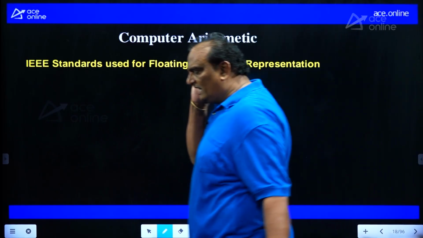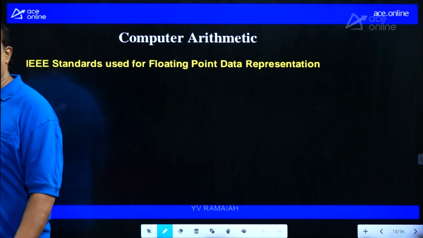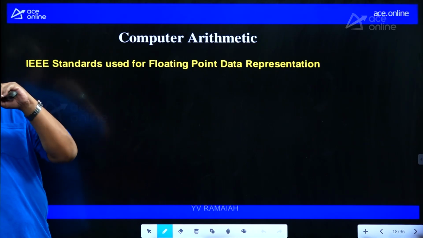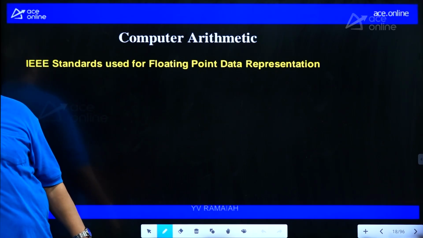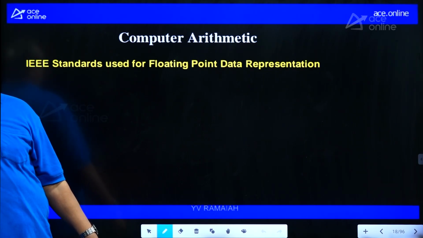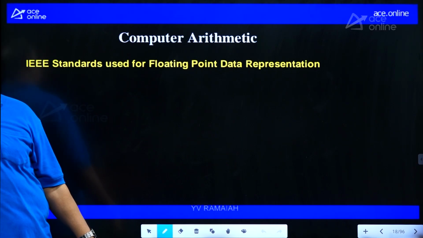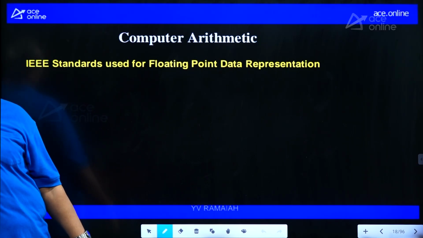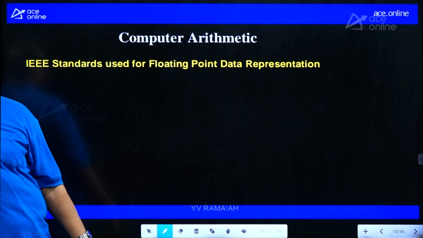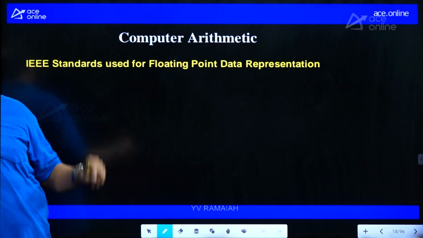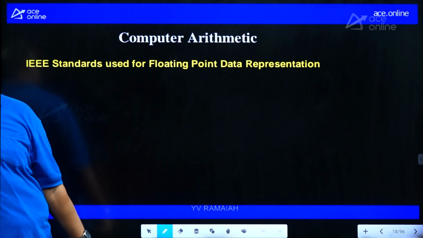Already we discussed, to represent floating point data we require the mantissa, sign of the mantissa, exponent, sign of the exponent, with the respective base, which here is base 2. Exponent sign can be positive or negative. Mantissa sign can be positive or negative, but only the mantissa sign tells the sign of the data. Exponent sign represents the location of the decimal point.